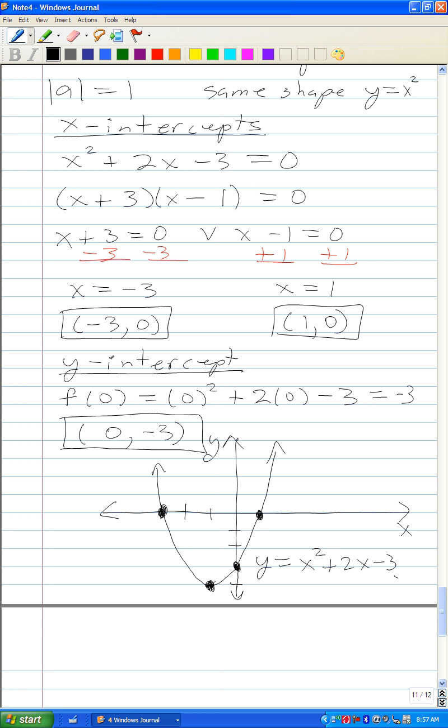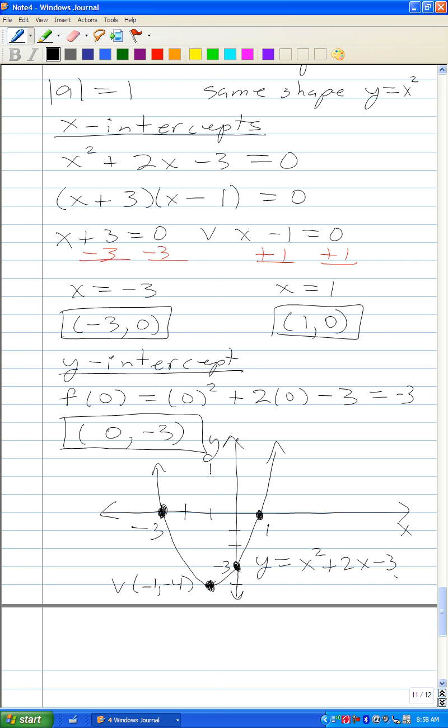So let me label some of these. So the x-intercepts are at negative 3 and positive 1, and the vertex is at negative 1, negative 4.